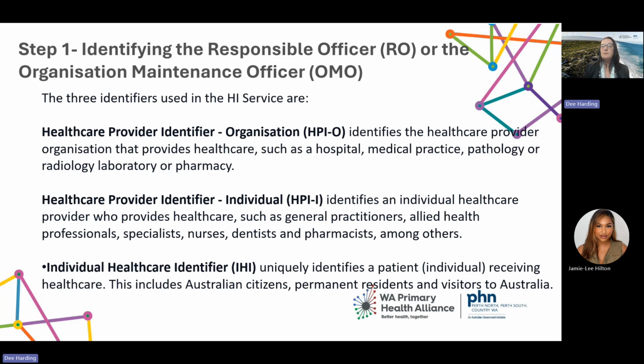But you may have an admin person who is non-clinical that will be provided with an identifier so that they can access the record for admin purposes. You also then have an individual health identifier. Each resident also has to be appointed an identifier called an IHI. It's not dissimilar to what you'd find on a Medicare card.